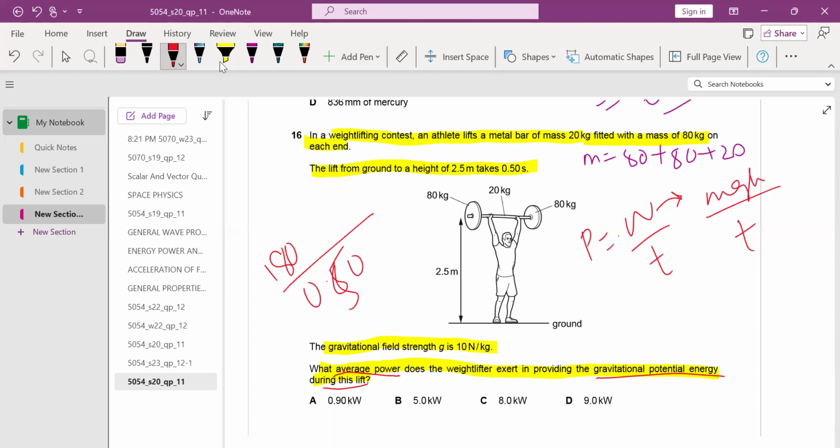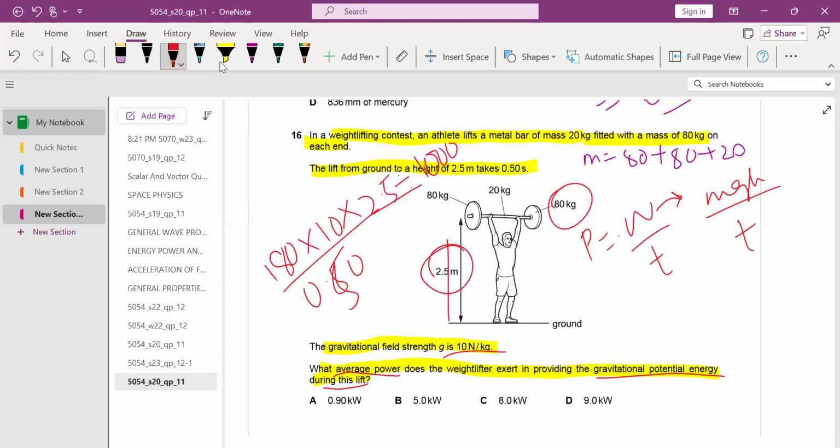180 into 10, which is the gravitational field strength, into height, which is 2.5. Now see, this 2.5 is in meters, however the weight is in kilograms, so you have to convert this into kilo. You will divide this by 1000.